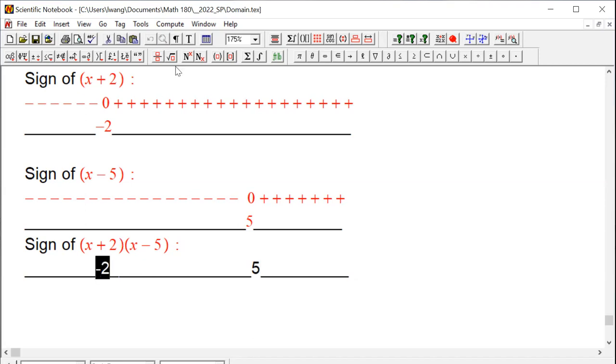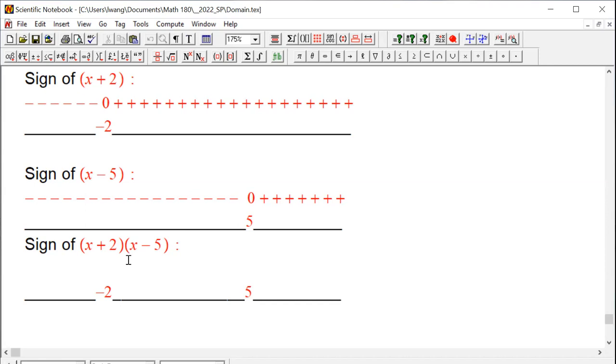So -2, positive 5, and the sign distribution. You can see I have lined up all these -2s, all these 5s.